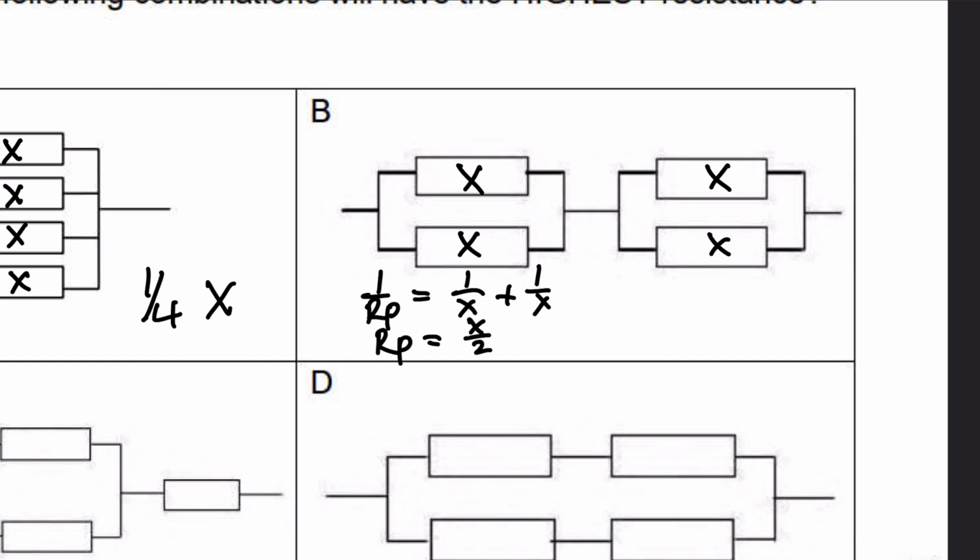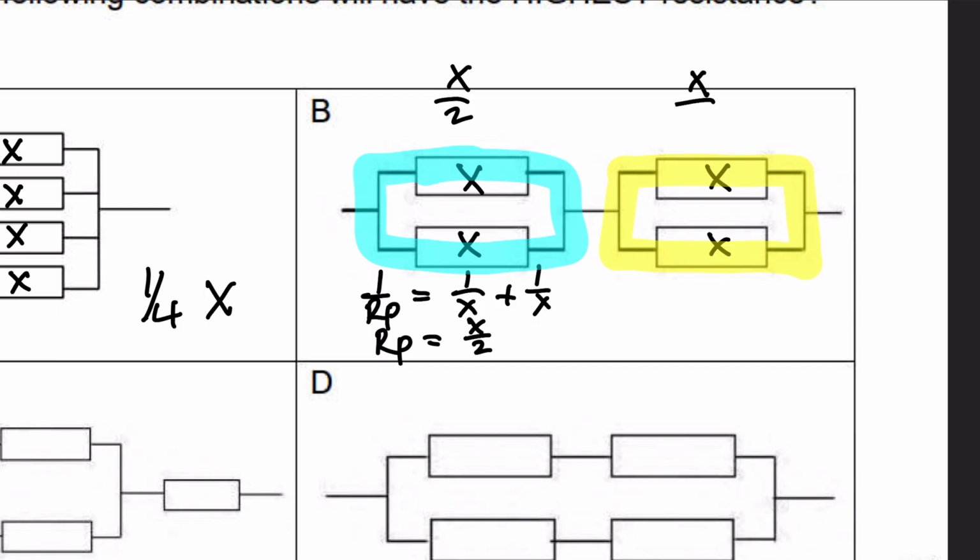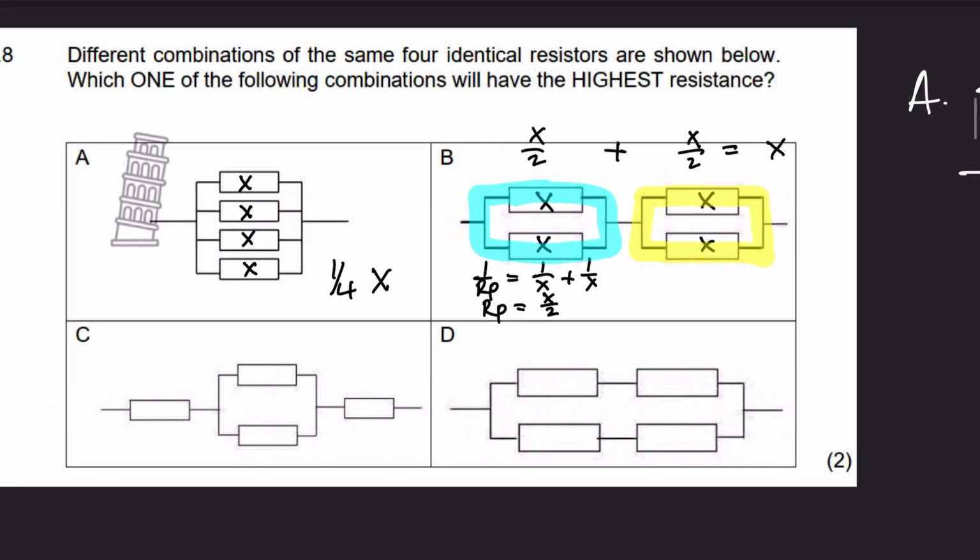This part here is going to be x over 2, and since they are the same, this one here will also be x over 2. They are in series, so your total here will be x. So this one has an effective resistance of x, and A has an effective resistance of a quarter x. So far B is looking greater.